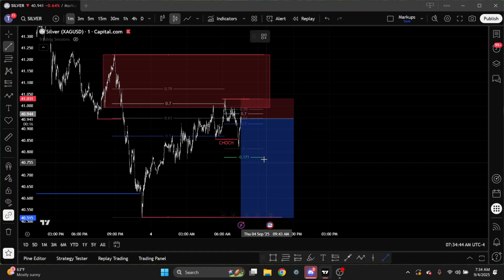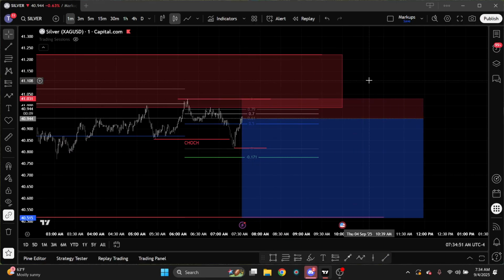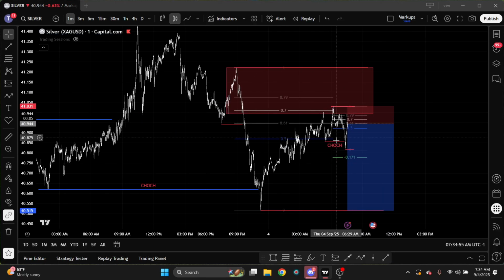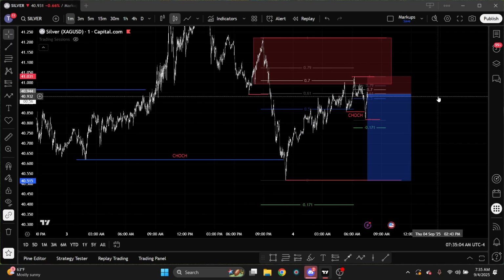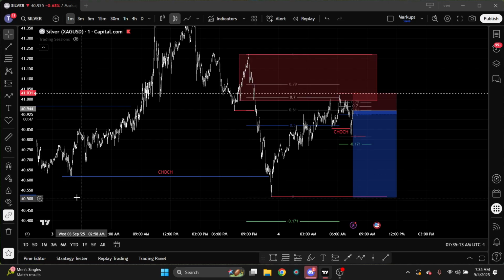So now to confirm that price is now moving in a downtrend, temporarily, we have to see this get broken. Yeah, we're going for like a 1 to 4, 1 to 5. Yeah, let's get it, man. Let's get it. Set an alert. Alerts up.